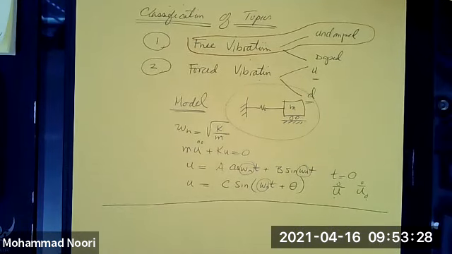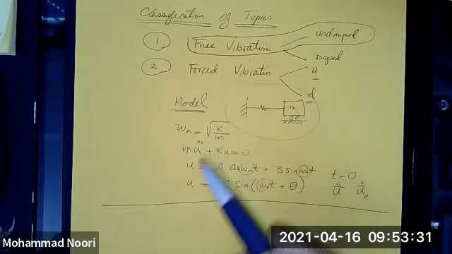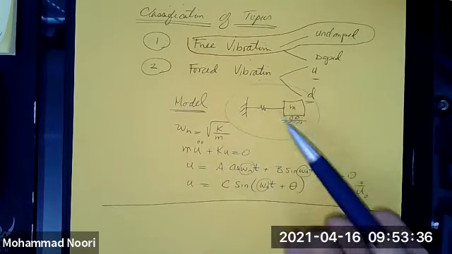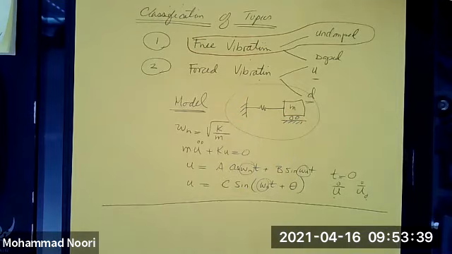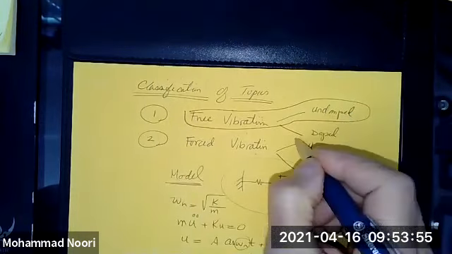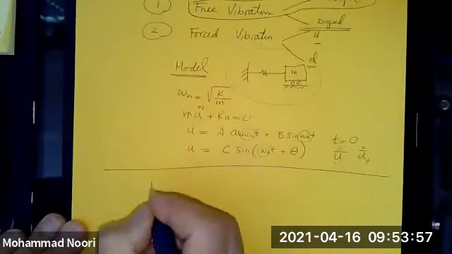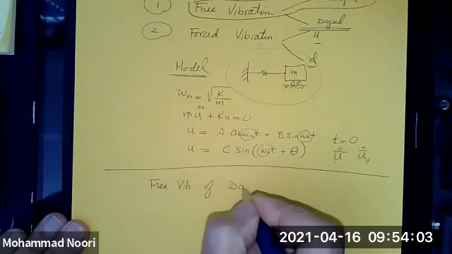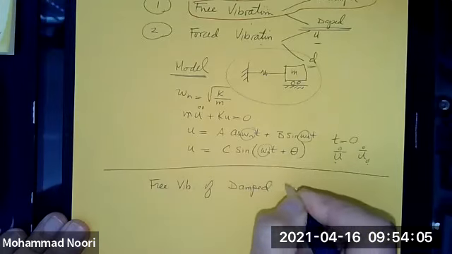And of course, we mainly focus on methodologies to derive this equation of motion or model the system. And that's how we introduced Newton's law, we used Rayleigh's method, and so on. Now that we have a good grasp of all of that, we are going to move to the next category, which is this: free vibration of damped systems.